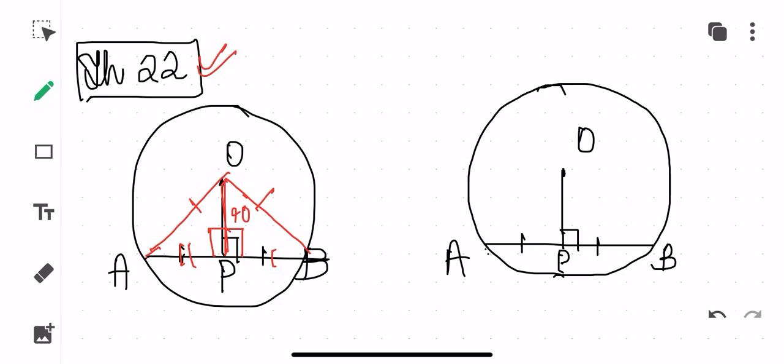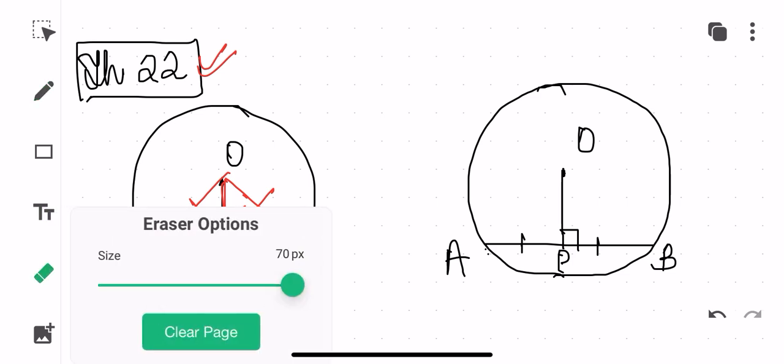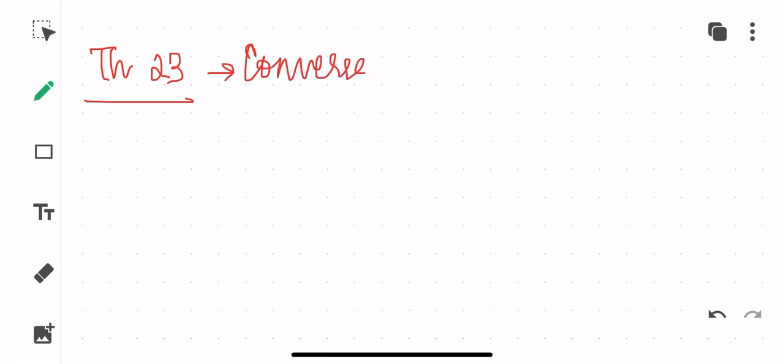Okay, now I move to the next theorem, theorem number 23, children. I'll just erase this. So this is theorem number 23. It says that a perpendicular to the chord from the center bisects the chord. So this is called what, children? This is actually called the converse of theorem 22.